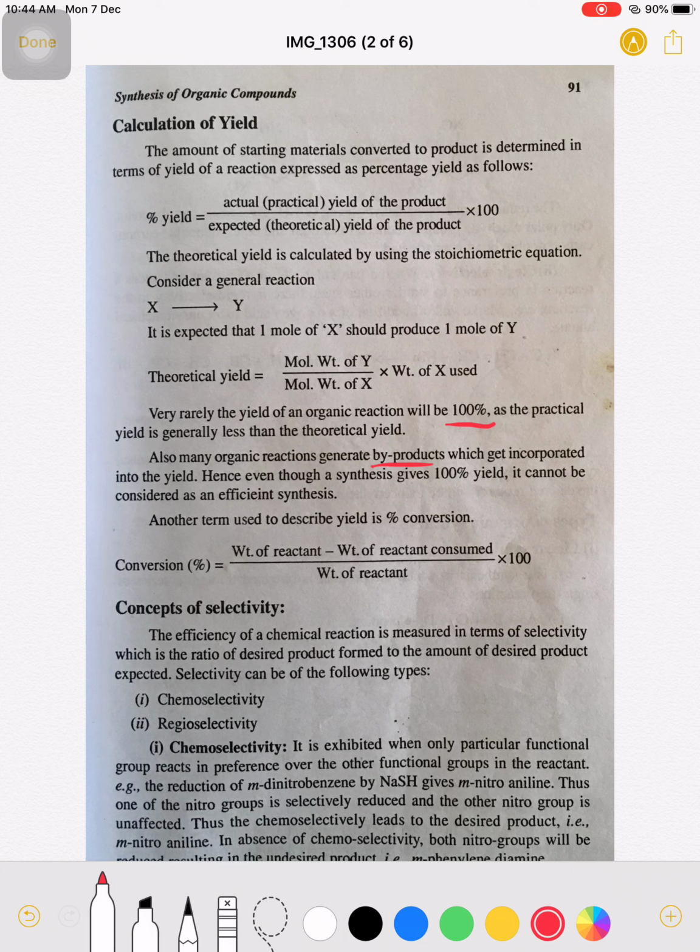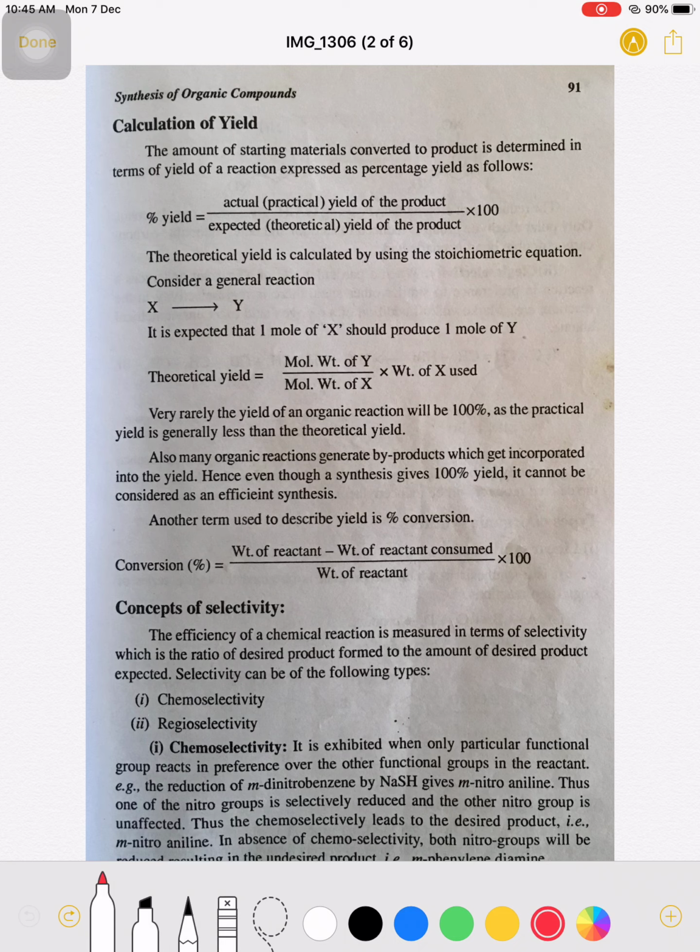Therefore the practical yield of that reaction is not 100%, and we cannot consider all organic syntheses to be 100% efficient. There may be a decrease in the percentage yield. We may get 99, 98, 97, but we cannot achieve 100% because of the formation of byproduct.